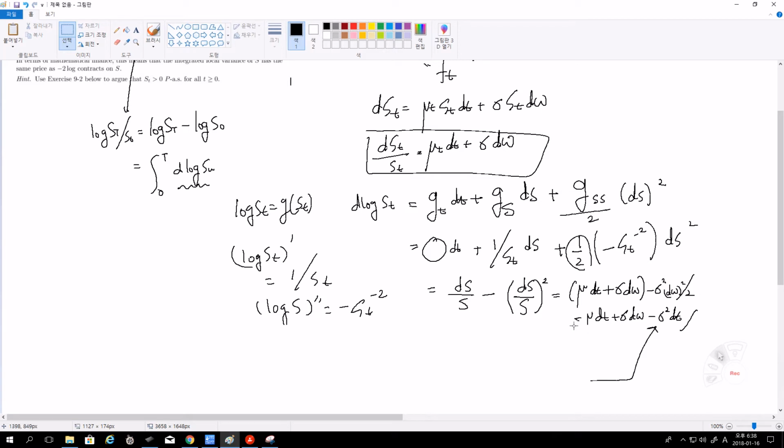Then using this one, what we have is a very interesting relationship. So d log S_t equals mu minus sigma square over 2, dt, plus sigma dW, right?